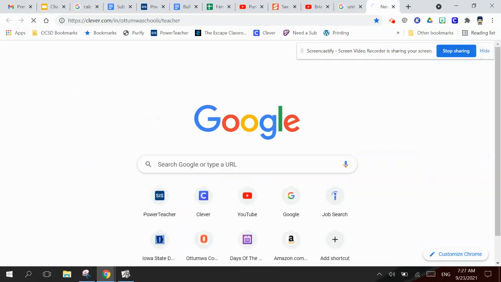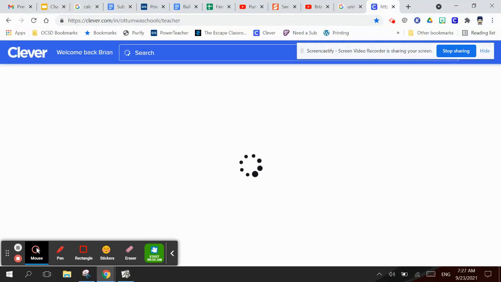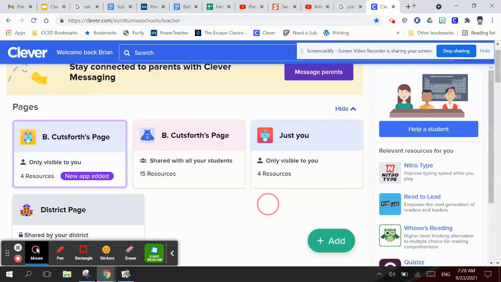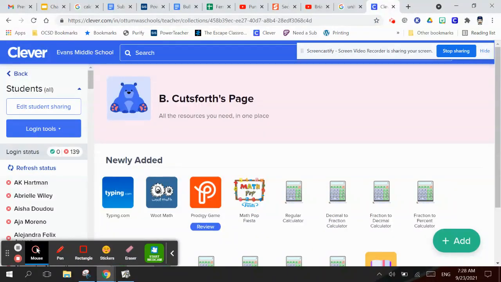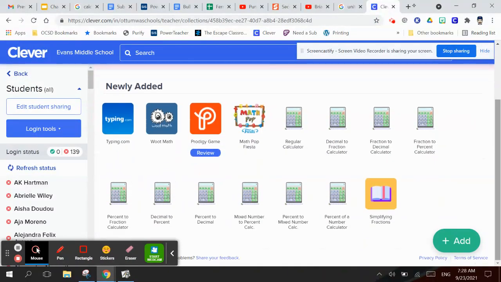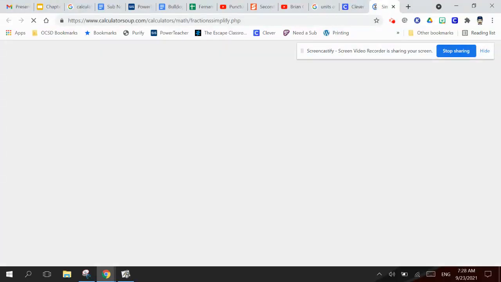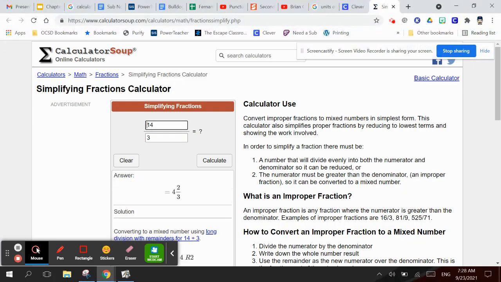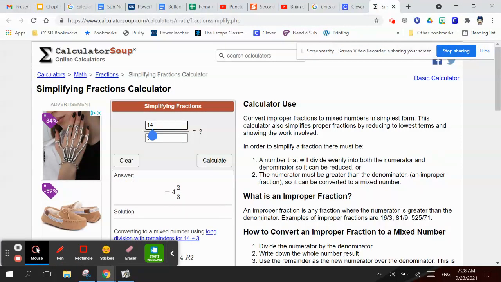If I go to my Clever page, and you go to Mr. Cutsforth's Clever page, Mr. Cutsforth is that big purple polar bear right there. He has calculators for you. So if I need to simplify a fraction, right here it says simplifying fractions. I'm going to click on that. It takes me to a website. I want to know what is 15 fourths.